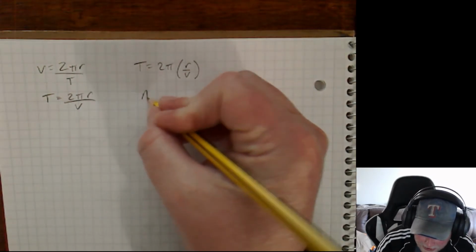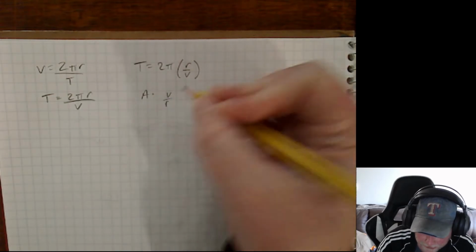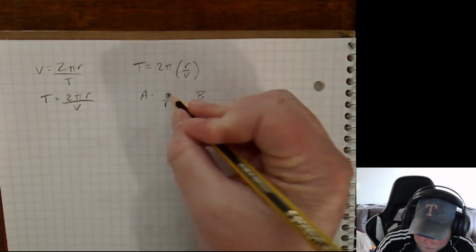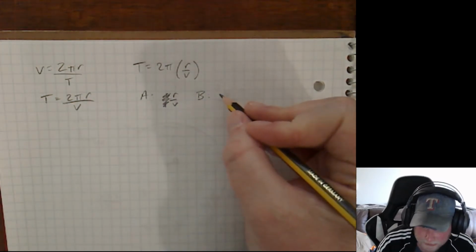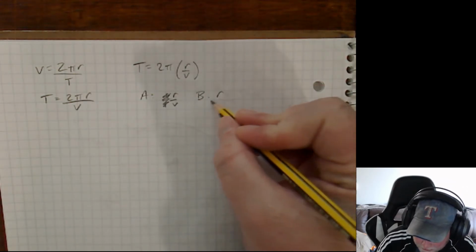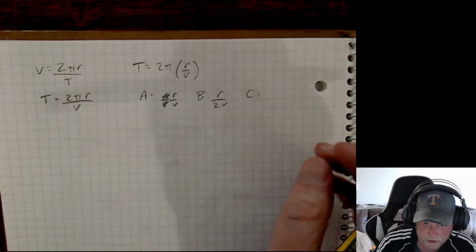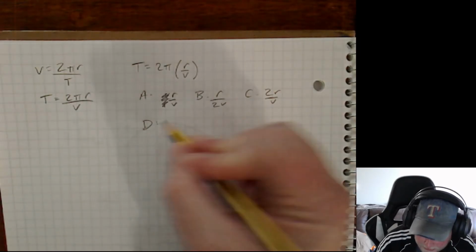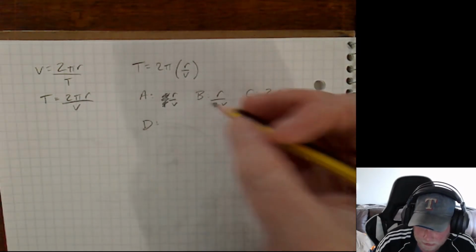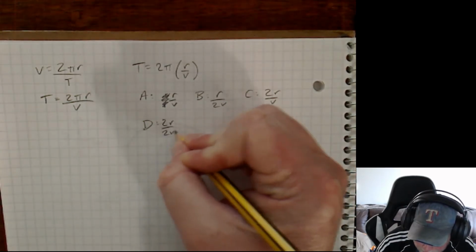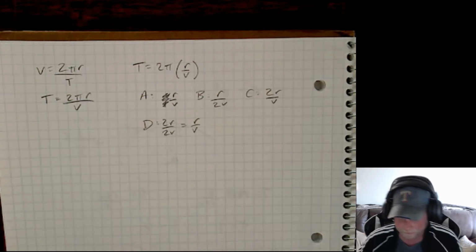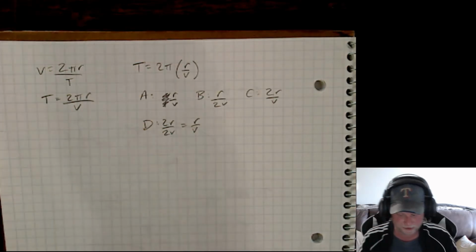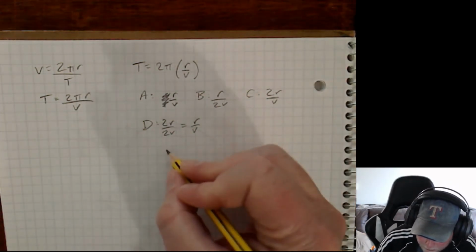Right, so if we look at the options, A is R over V, B is R over 2V, C would be 2R over V, and D would be 2R over 2V, which is equal to R over V. So if we're ranking the periods from largest to smallest, well, C would be number 1.